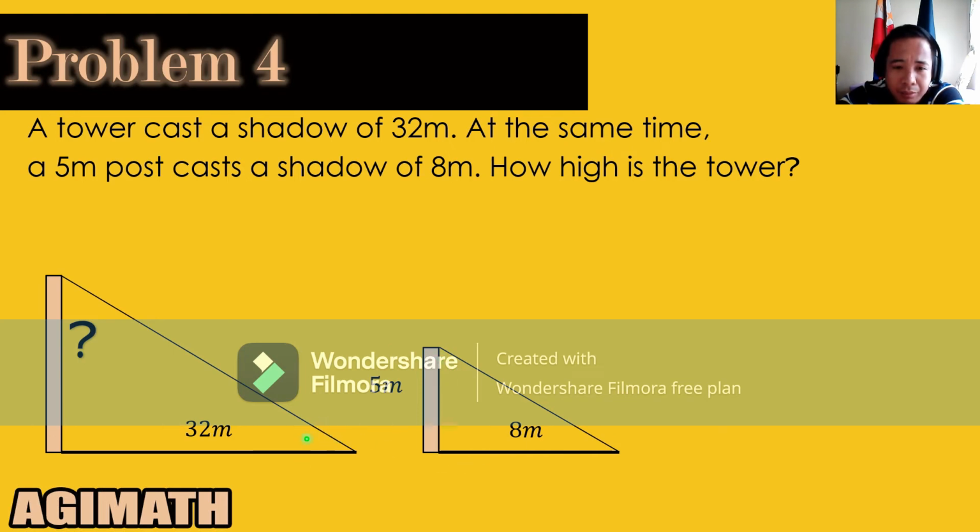And this angle, we call this angle of elevation. Since it is happening at the same time, it means that these two angles are congruent because the shadows are taken at the same time. And then anything that is standing or vertical, it is always perpendicular towards the ground.